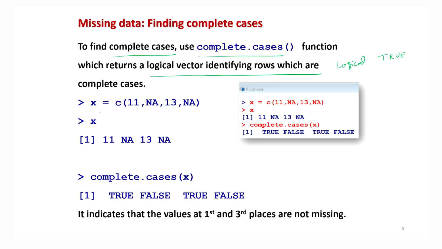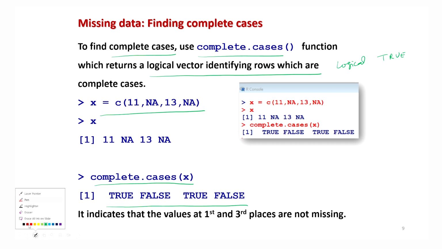So let me try to take the same example, c(11, NA, 13, NA), and if I operate complete.cases inside the parenthesis X, then this outcome comes out like this. If you try to understand this, in the data vector X, there are two places where the data is available. And when you see the outcome of complete.cases, this 11 is indicated by TRUE, and this 13 is indicated by TRUE.